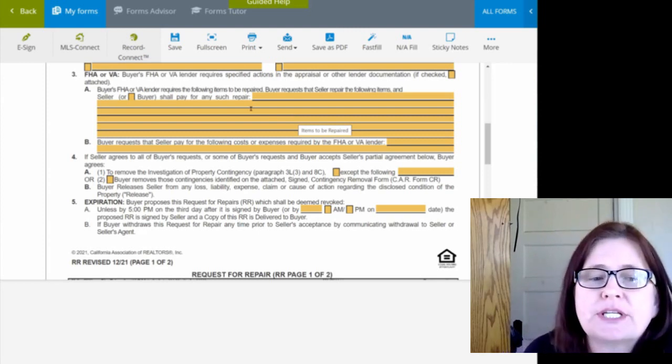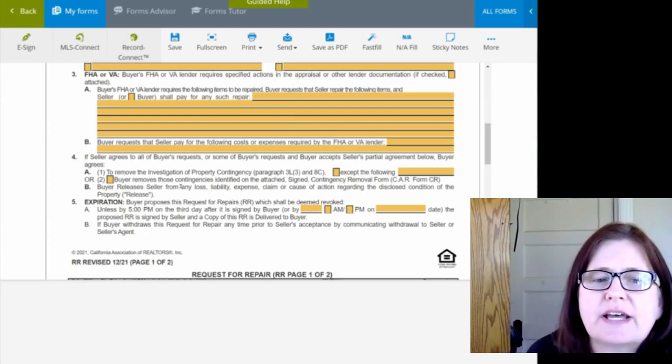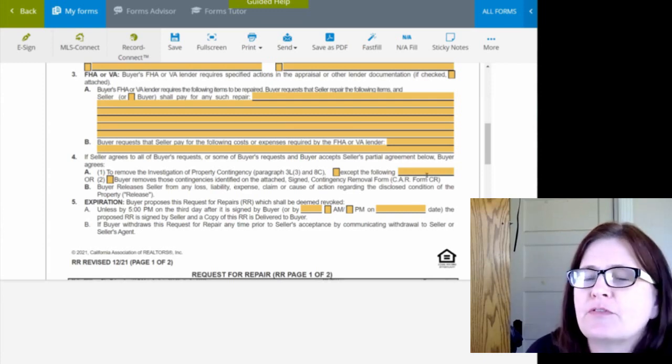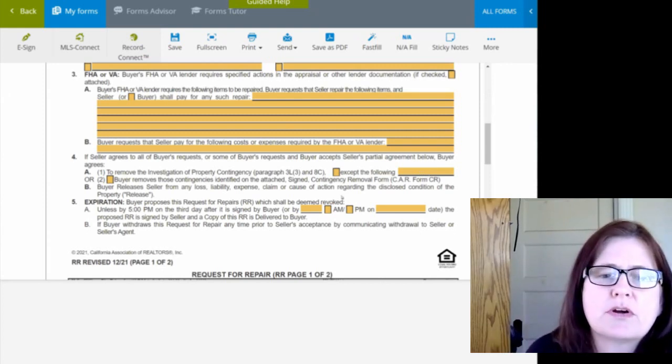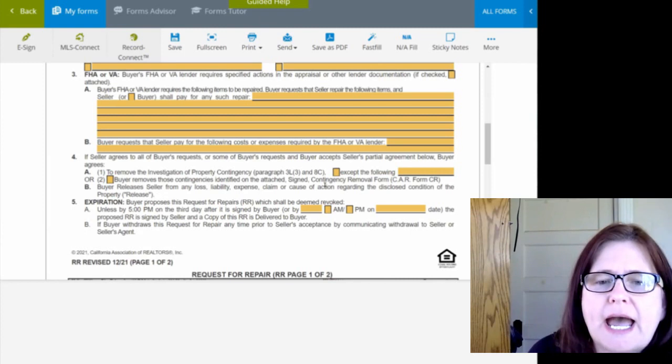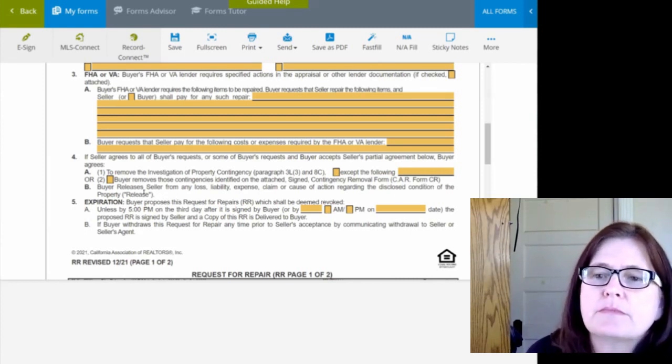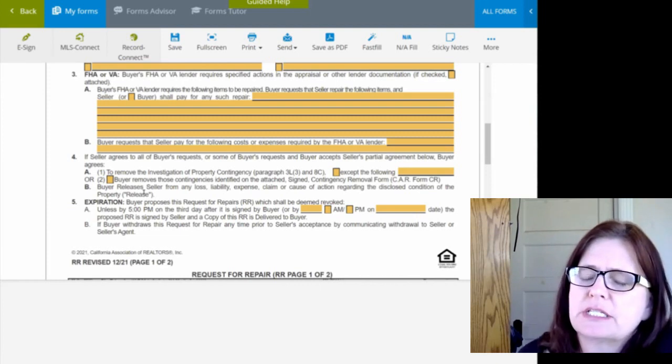Now, there are other options. They can remove the investigation of property except for, and then you put whatever part of that investigation contingency you don't want to remove, or you can send the form CR and put on there what contingencies you are or are not removing.